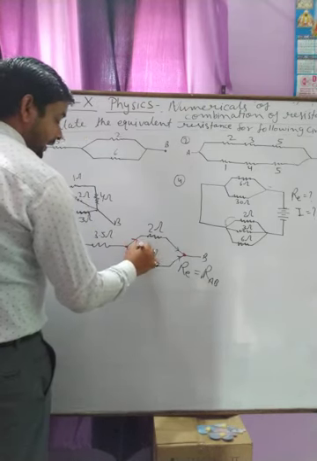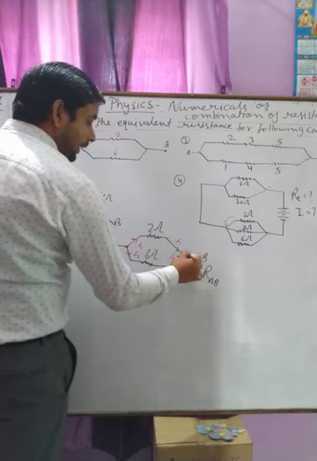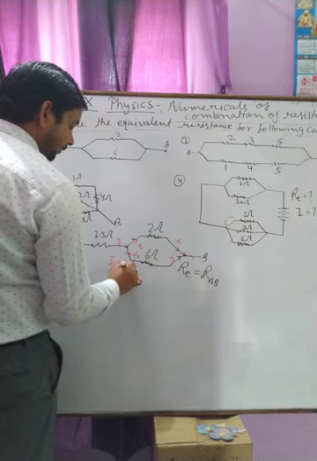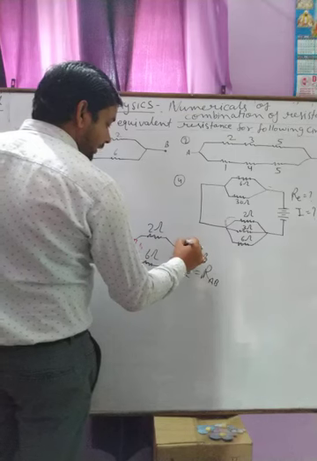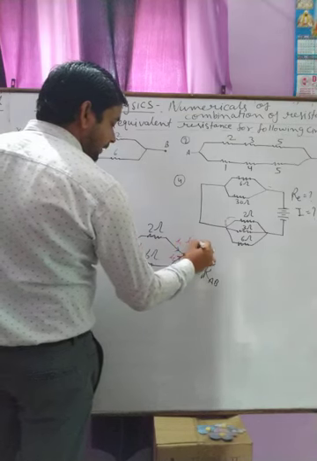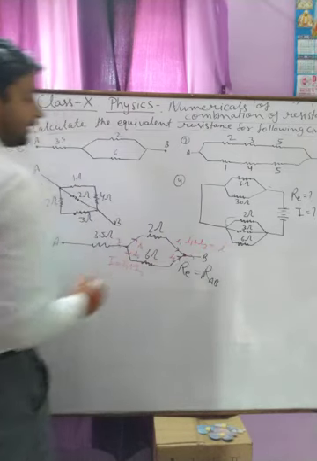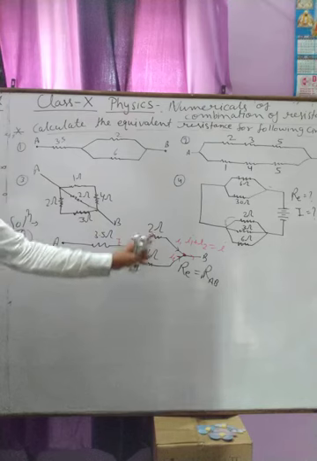Let here be I1 and I2, and the actual current is I, that is I is equal to I1 plus I2. Similarly, when it reaches point B, currents I1 and I2 combine, which is equal to current I. That is, here is a parallel combination.